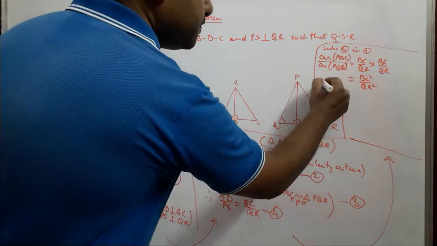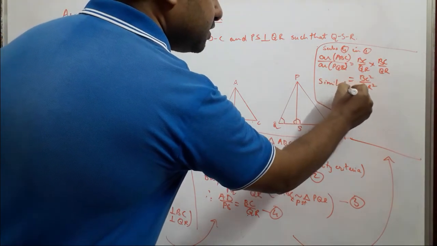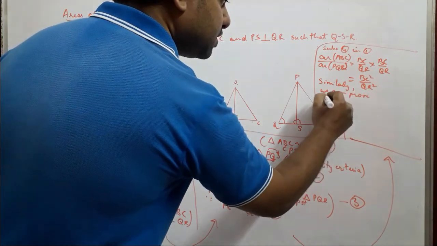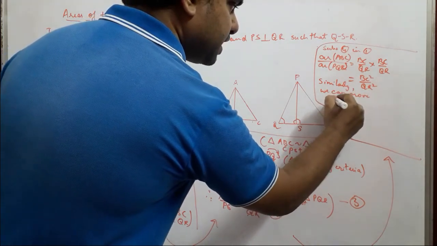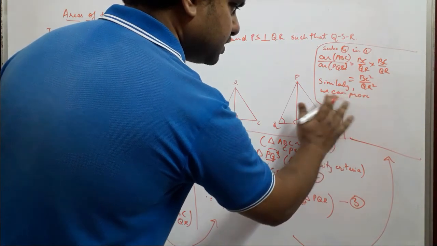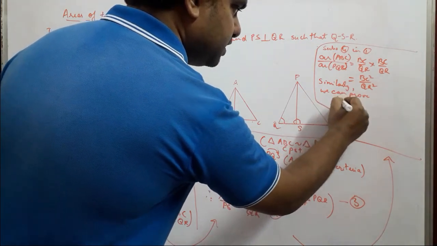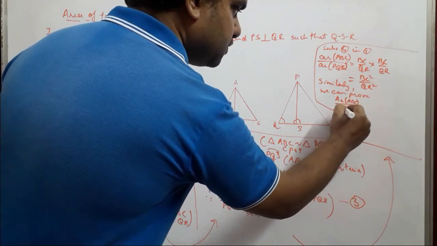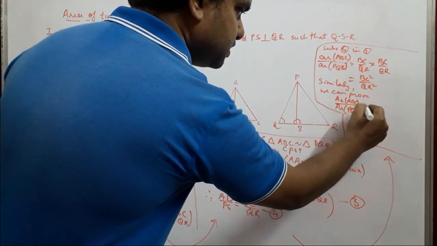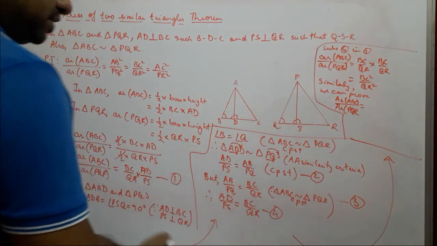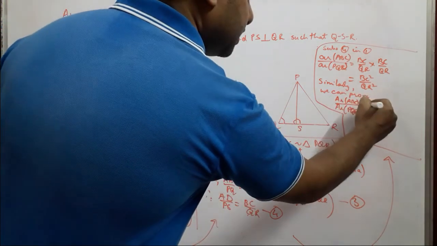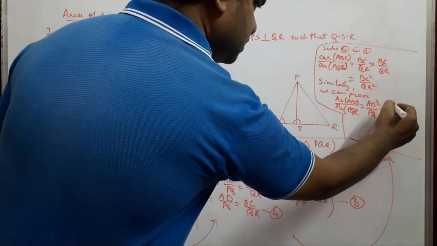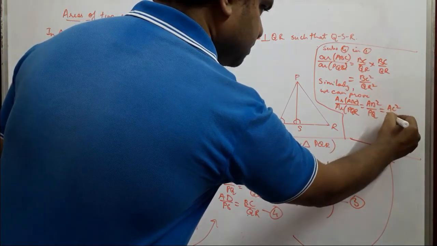Similarly, we can prove area of triangle ABC upon area of triangle PQR is equal to the other squares, which is what? AB square upon PQ square, and also AC square upon PR square.